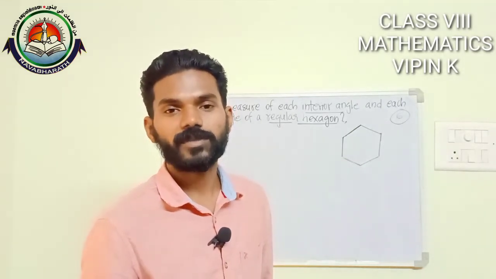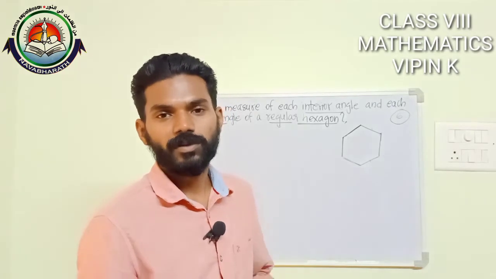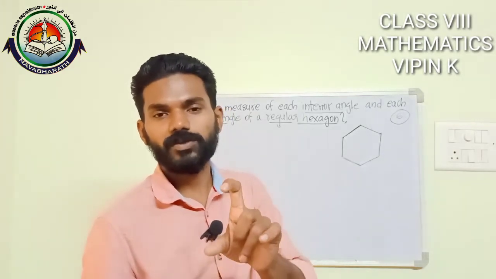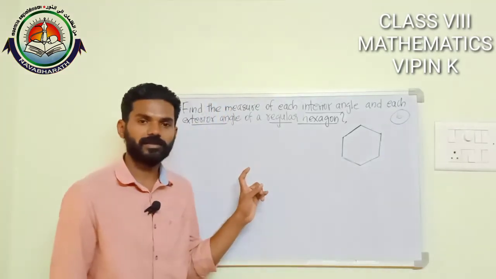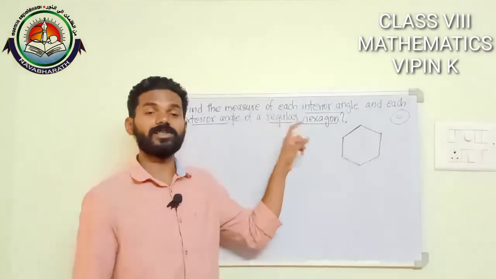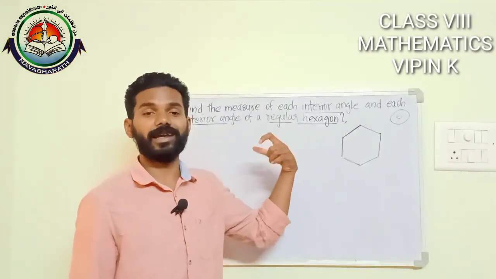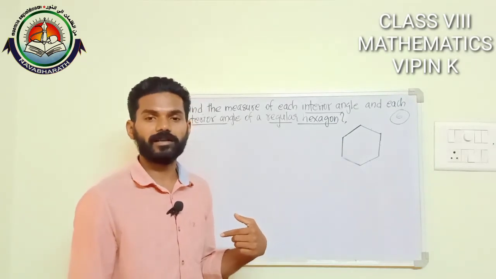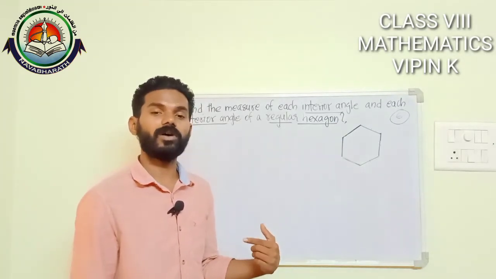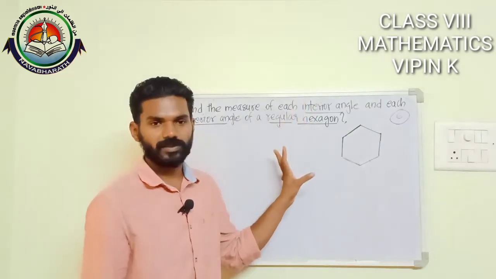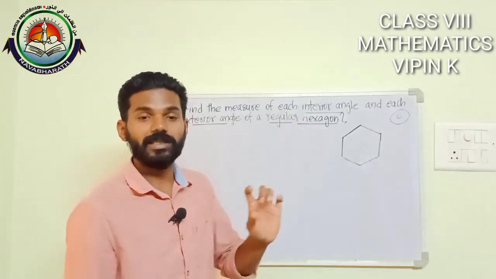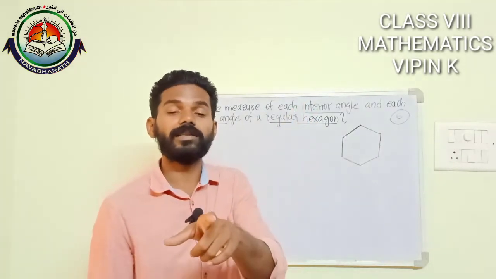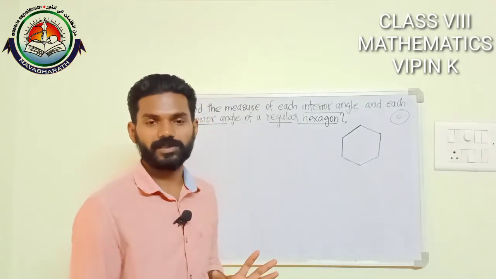One point you should note is that it is easier to find the exterior angle than to find the interior angle. So in such questions, it is better to find the exterior angle first.